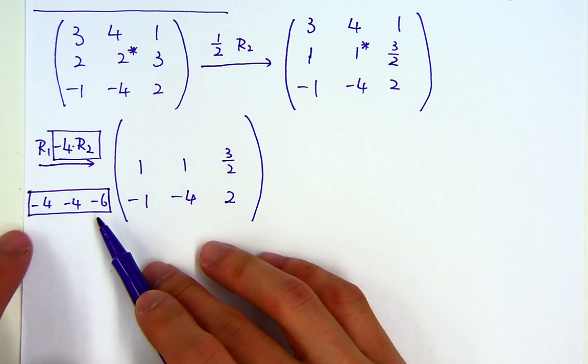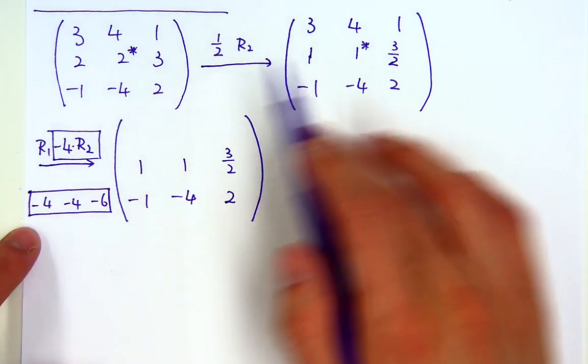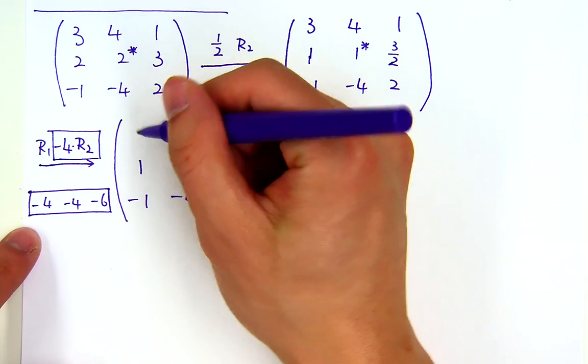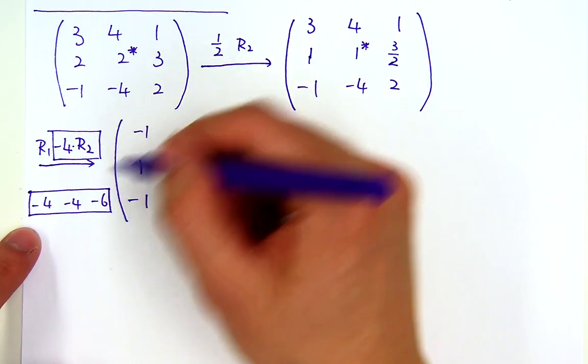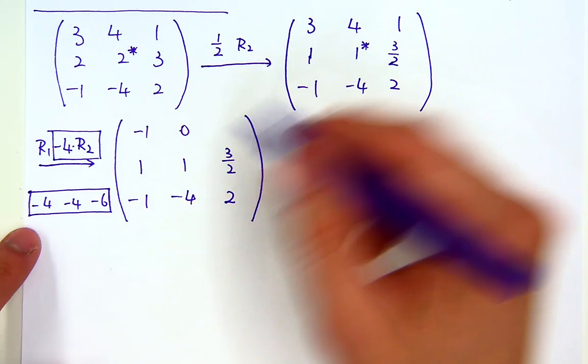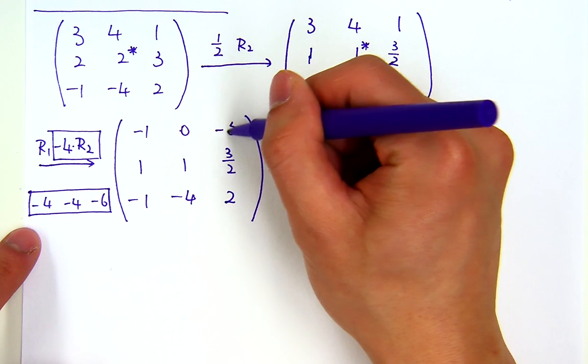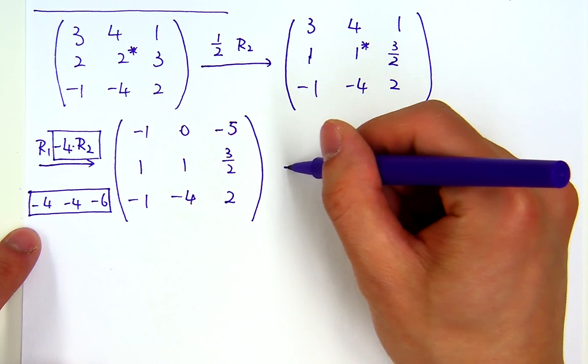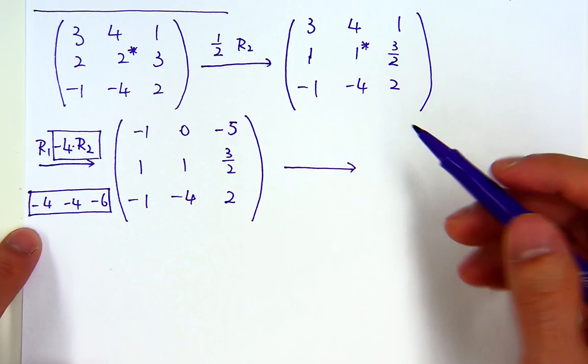This is our auxiliary row, and we are going to add this to R1. So 3 plus -4 is -1, 4 plus -4 is 0, and 1 plus -6 is -5.